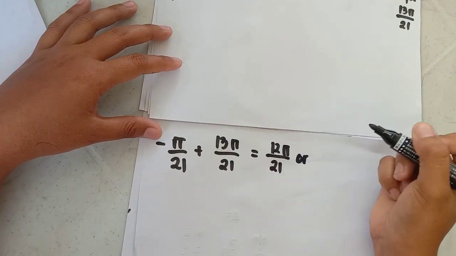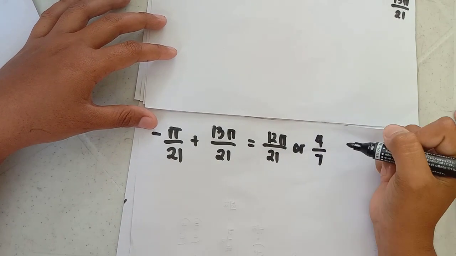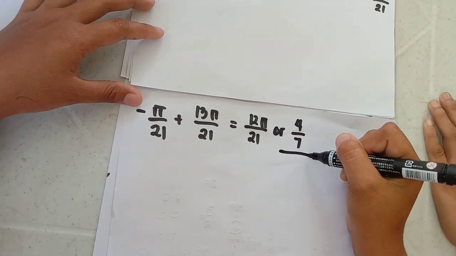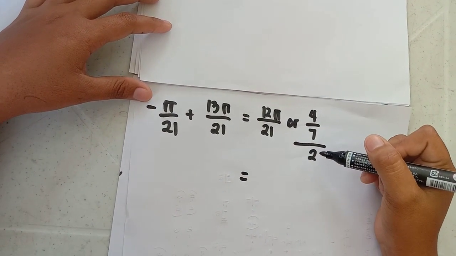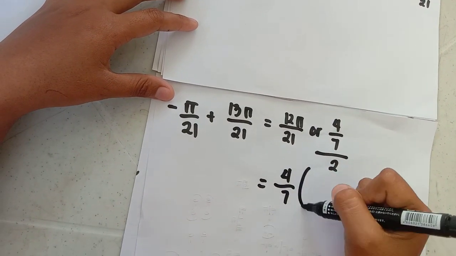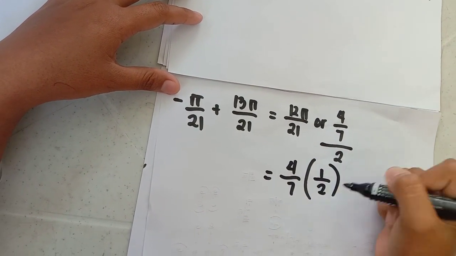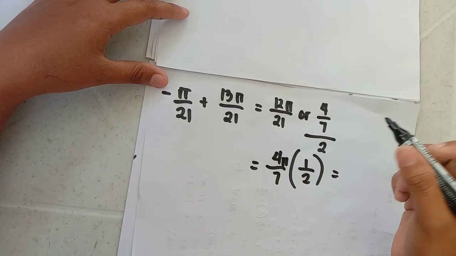Reduce to the lowest terms, which is 4/7. Then divide by 2, so reciprocal the denominator, which is 1/2.